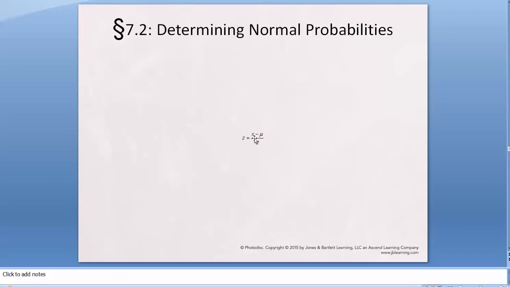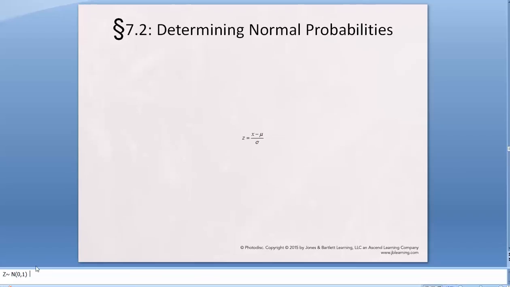In fact, if you take x minus mu divided by sigma, where x is a normal random variable, and you create this new random variable z, then this z is, and this is really neat, normal with mean 0 and standard deviation 1. How about that?